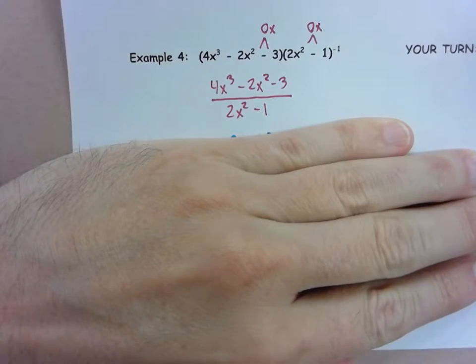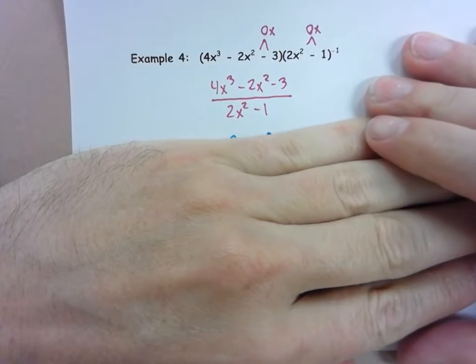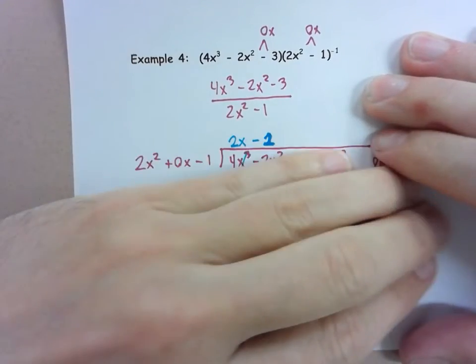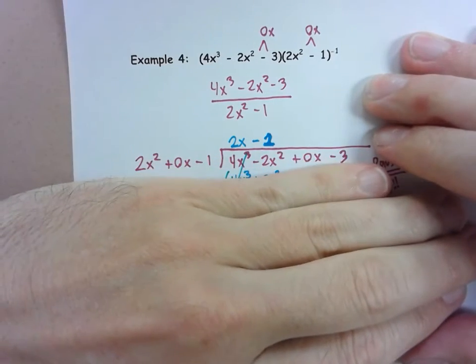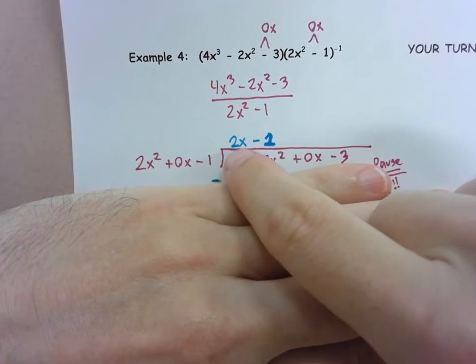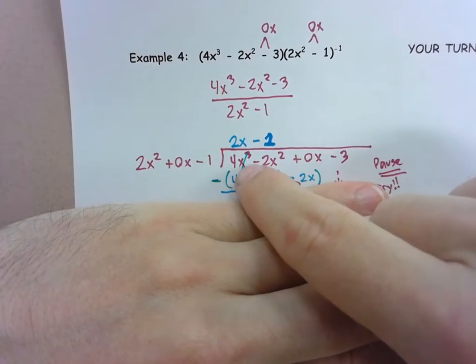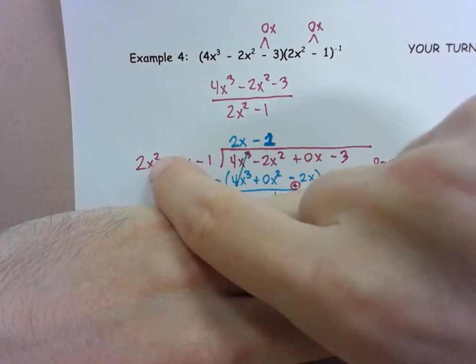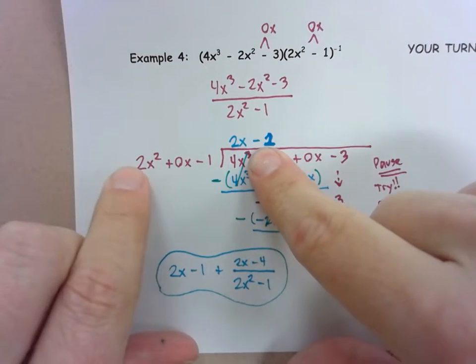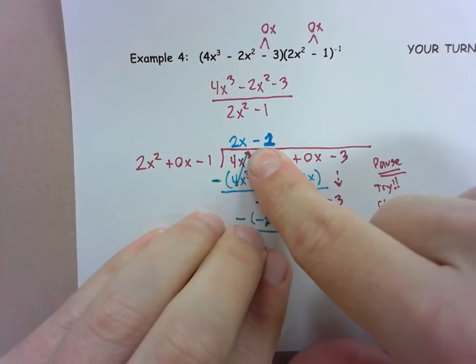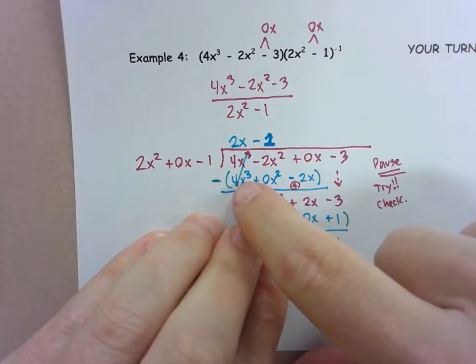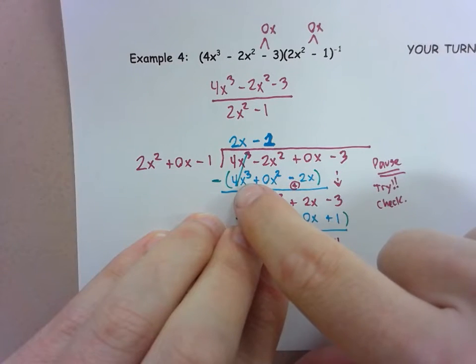Okay, underneath my hand is the solution. Let me take you through step by step, see what's going on. So first, after you laid it out, you should have 2x up here because 2x squared times 2x is 4x cubed. And you're going to multiply that 2x out by the 2x squared, the 0x, and the negative 1, and you'll get 4x cubed, 0.